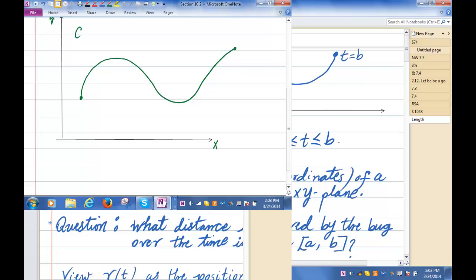Well, one way to do that is that we can divide the curve into smaller arcs, and then approximate each smaller arc with a straight line segment. So let's do the following. Let's call this point P0, and then we can take another point here called P1, another point here called P2, and we could keep doing that.